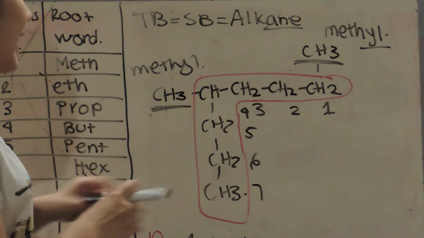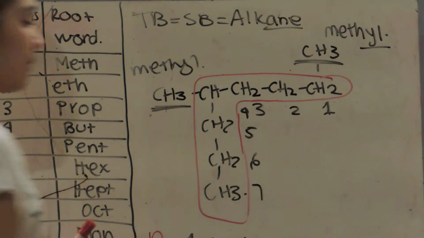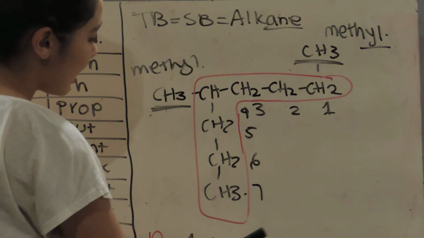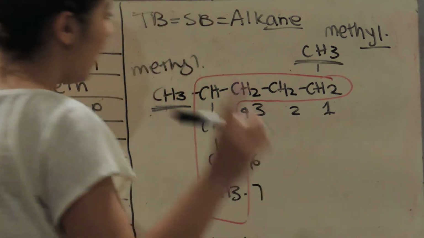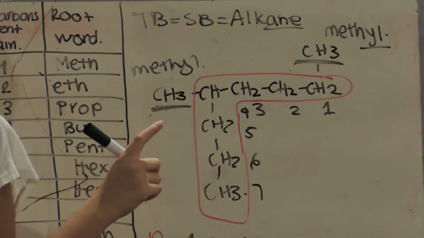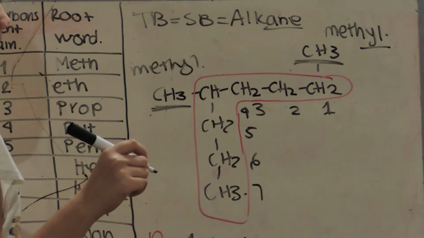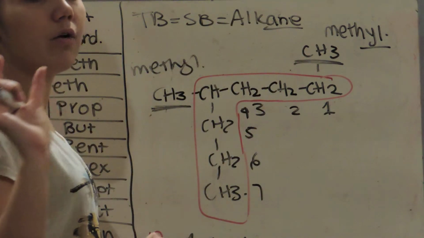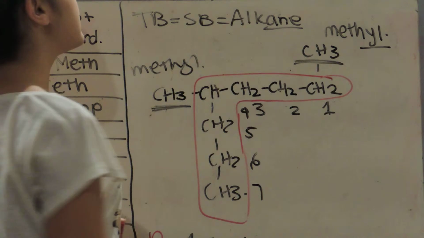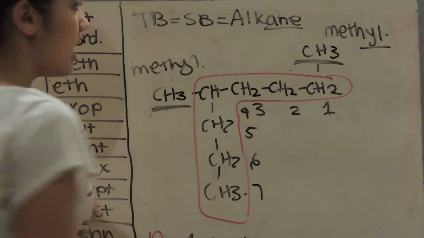Then, we continue with the parent chain. How many carbons do I have in the parent chain? I have 7. So when I have 7, the root word is hept. So 1,4 hyphen dimethyl hept, and we need to use a set of letters to know that it's an alkane.